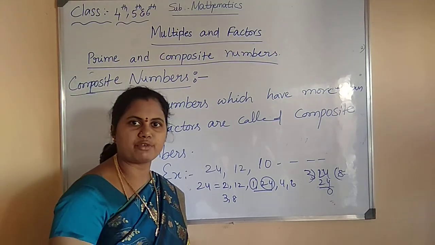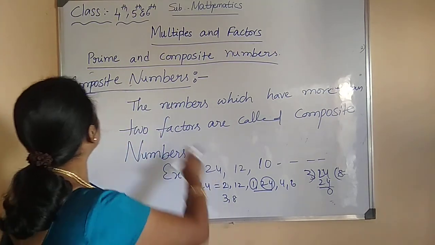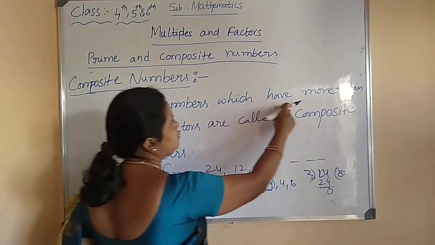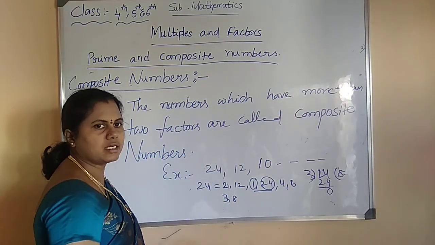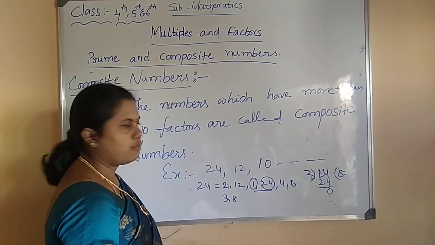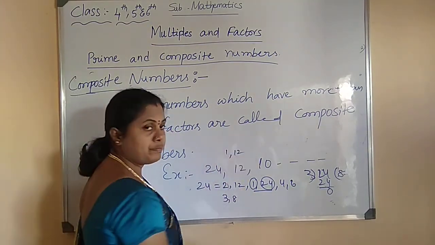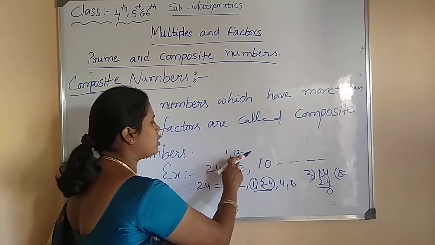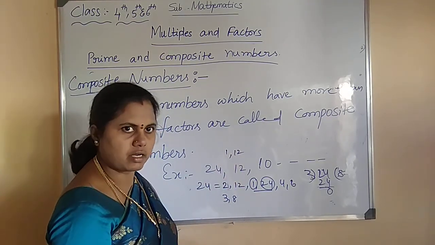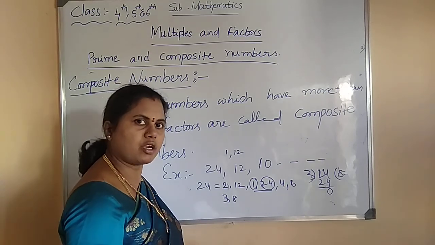What is the definition of composite number? The numbers which have more than 2 factors are called composite numbers. This 12: 1 and 12 are the factors. 1 is a factor for all the numbers, and 12, the number itself, is a factor of itself.